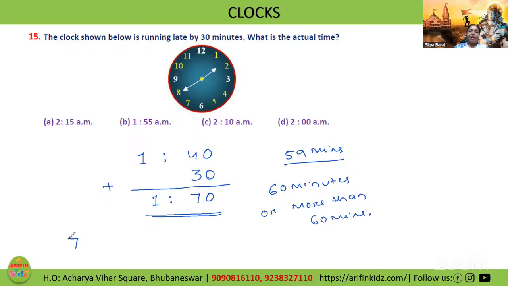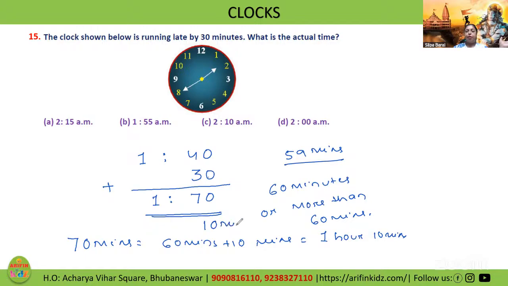As it is 70 minutes, I can say beta 60 minutes plus 10 minutes. Or 70 minutes I can tell beta 1 hour 10 minutes. Yes or no? So I will keep 10 minutes here. And this 1 will go to our hour place. So 1 plus 1, it is 2. So it is 2 hours 10 minutes.